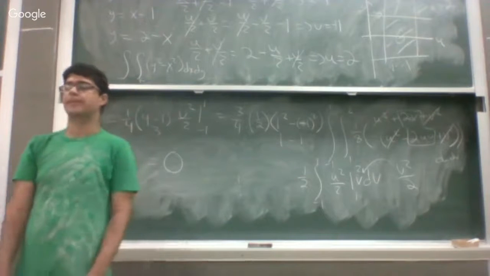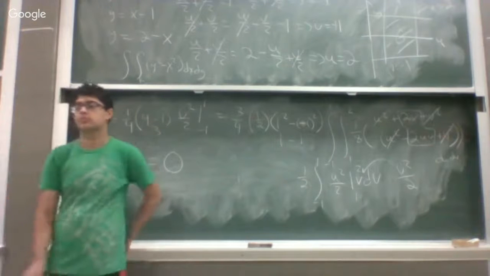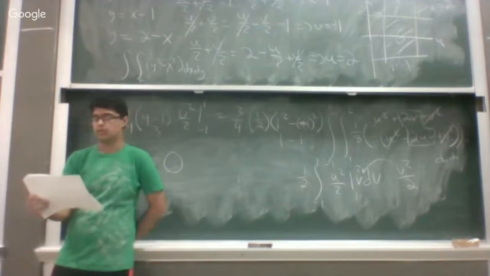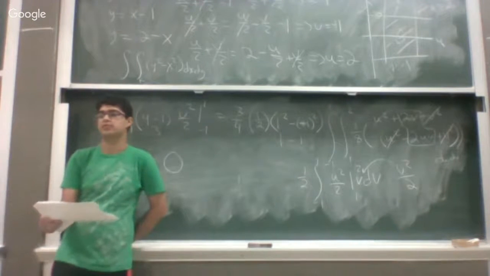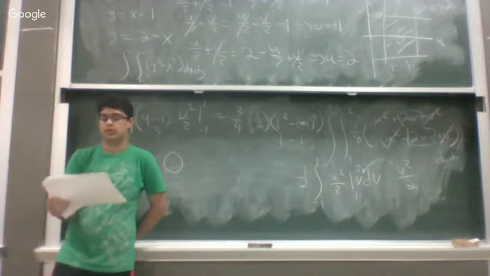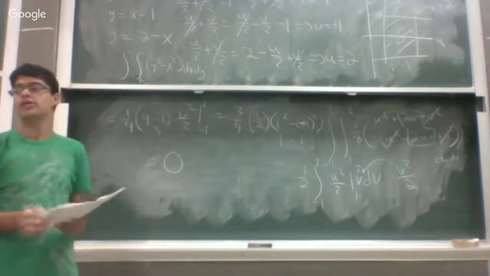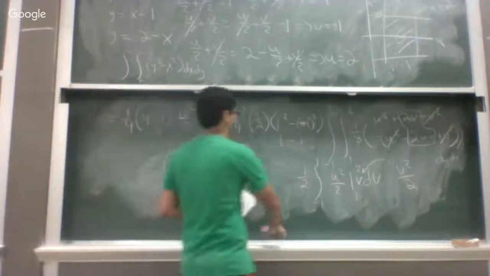Question. Yeah. What was the J determinant thing with the partials? Is that the matrix you're asking about? Can you remind me of that? Yeah, I'll write it out.